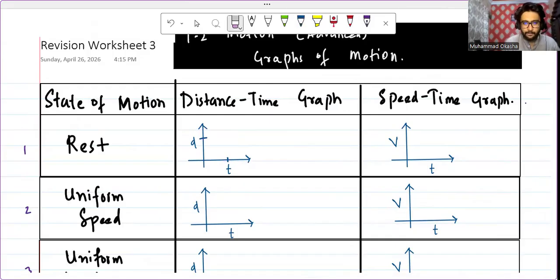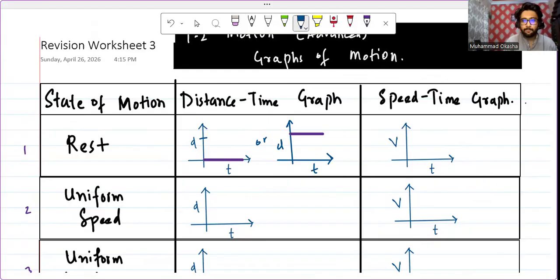I'll draw another graph for this. Either like this, or it may look like this, on a distance time graph.